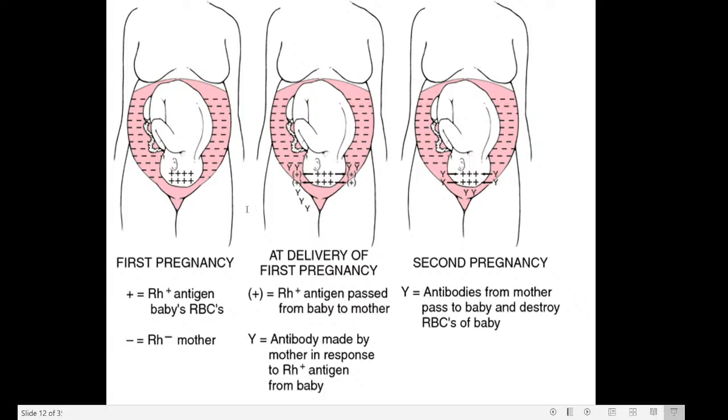If the baby has a different blood group, that causes erythroblastosis fetalis, because opponent antibodies are produced in the baby's system, so that makes the disease defect in the mother.